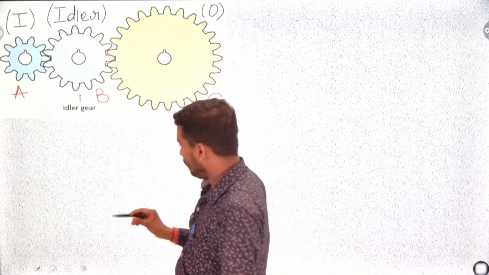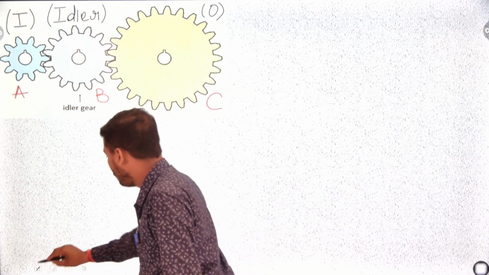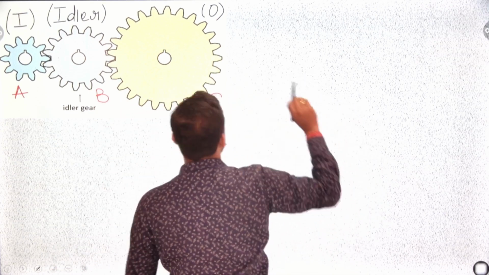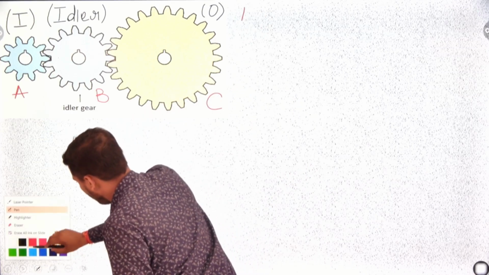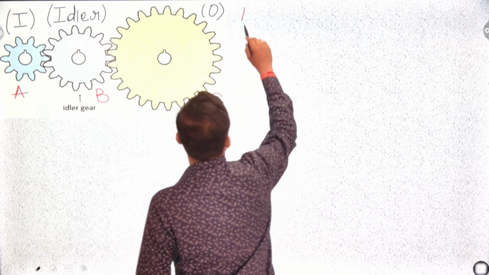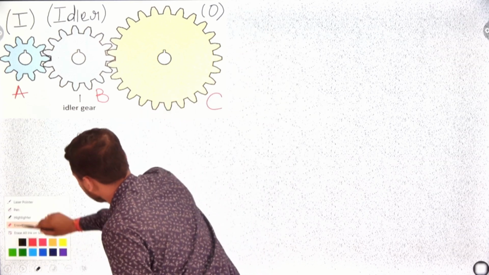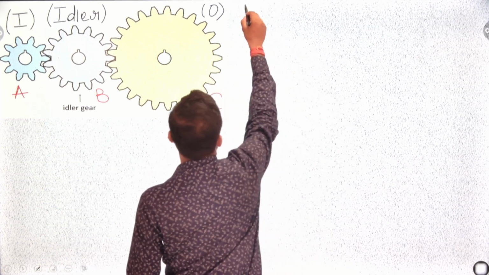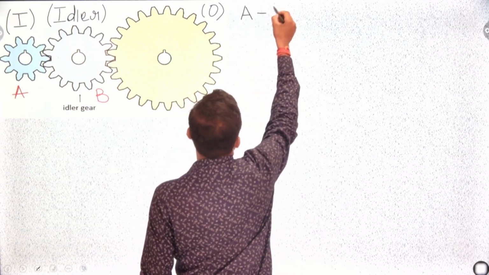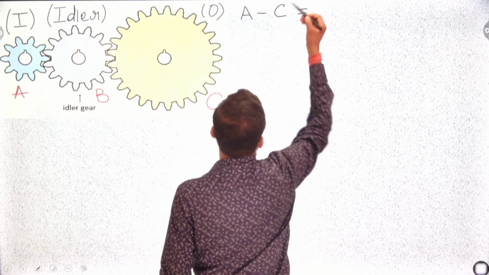The question is that we have to find the AC condition, meaning A is input and C is output. This is our fundamental thing to find.